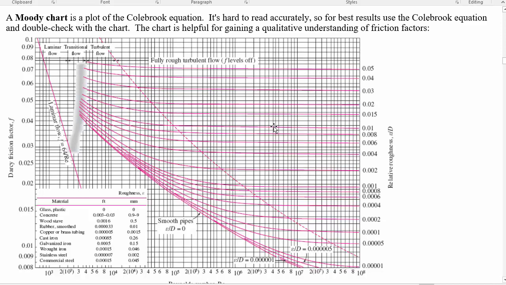To be more specific, in turbulence, the really low levels of relative roughness don't make a difference until you go to higher and higher Reynolds number.